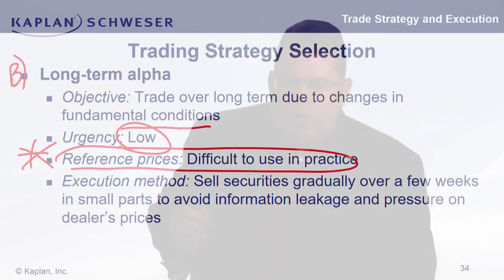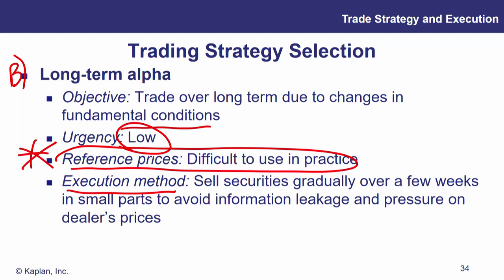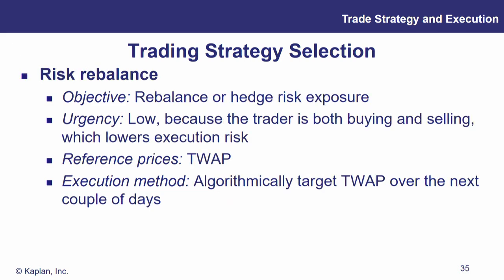So that means it's kind of hard to hold your traders accountable if you don't have a reference price. And what's the execution method? Go ahead and sell the securities gradually over a few weeks in small parts. I want to avoid any information leakage, and I want to avoid any pressure on dealers' prices. So that's long-term alpha strategy.